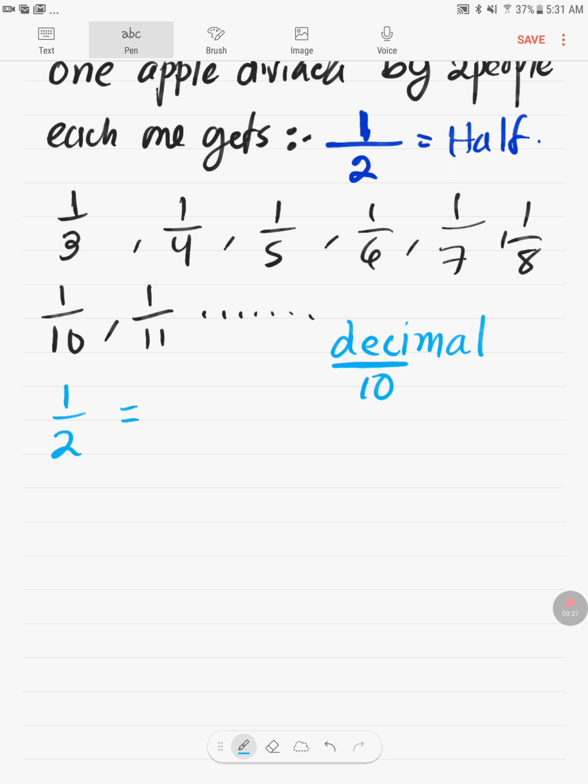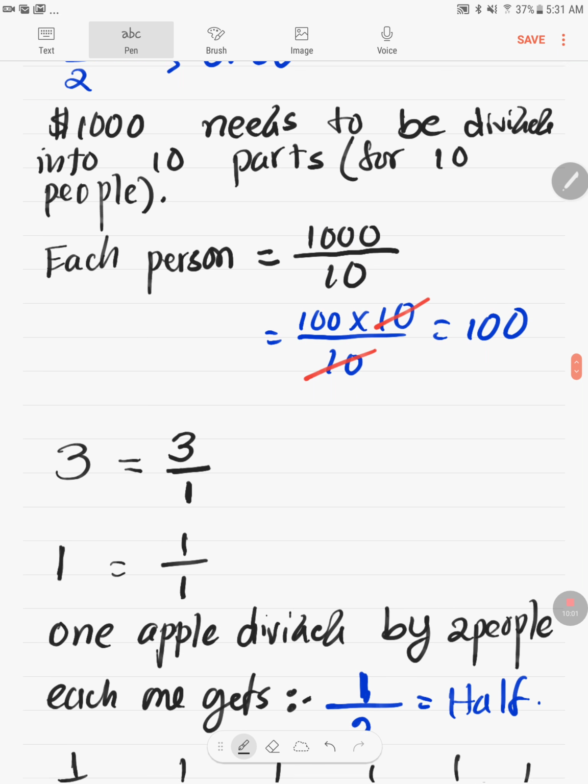To make the denominator 10 in this case, it's very easy. To keep the value of this fraction unchanged, we multiply the top and the bottom by the same number.